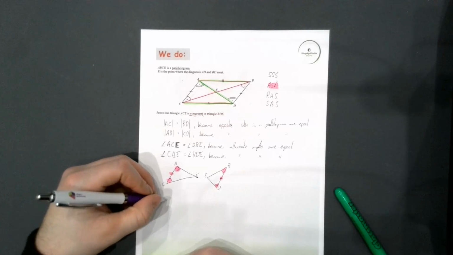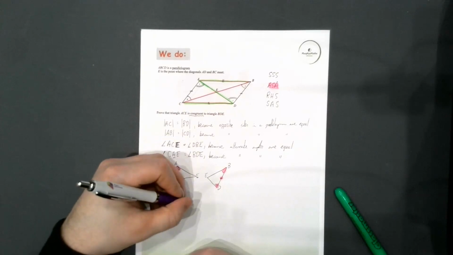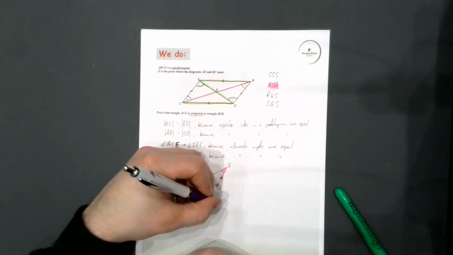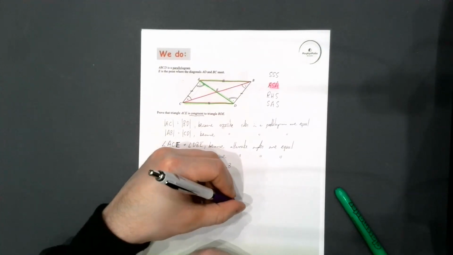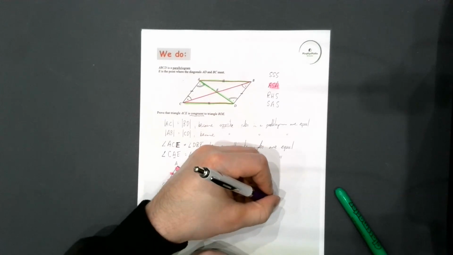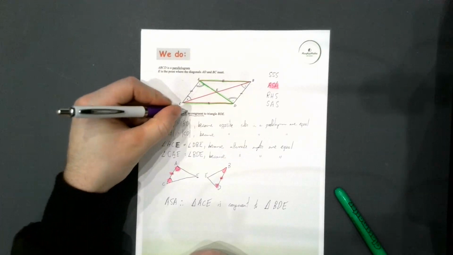So ASA, therefore triangle ACE is congruent to triangle BDE, as we were looking to prove from here.